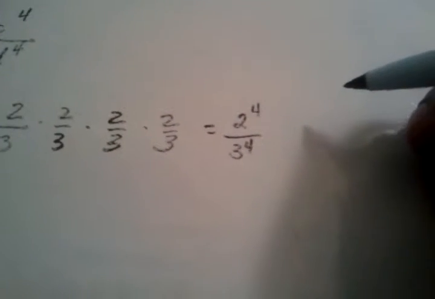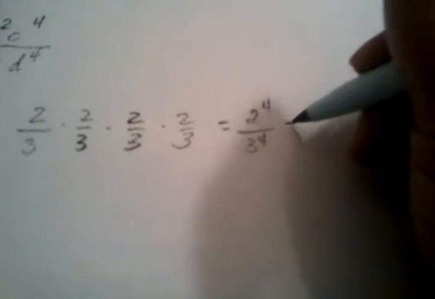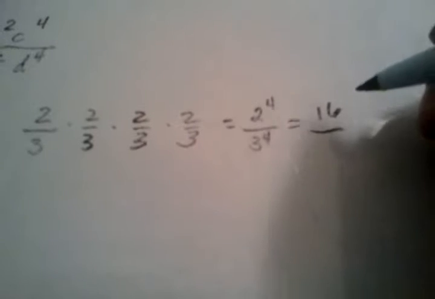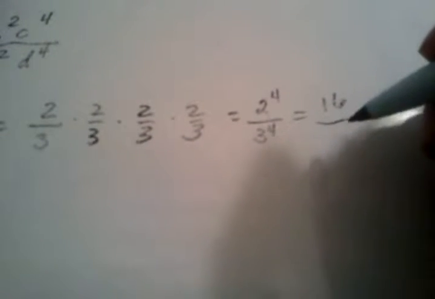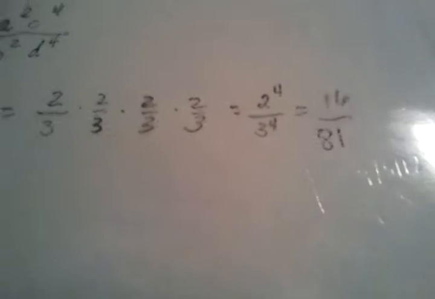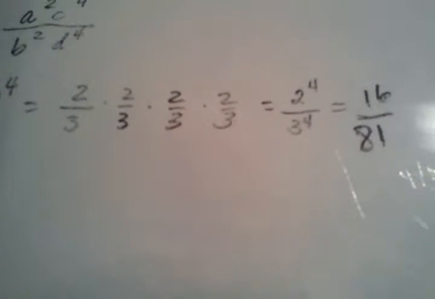So 2 times 2 times 2 times 2 will give us 16. 3 times 3 times 3 times 3 will give us 81. So your answer should have been 16 over 81.